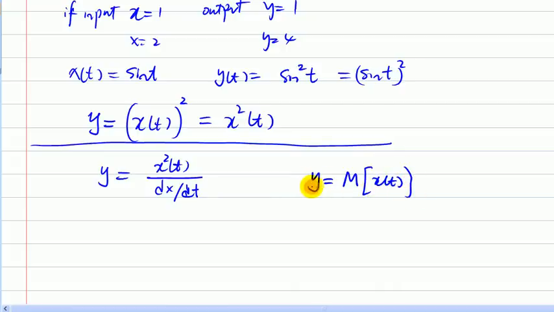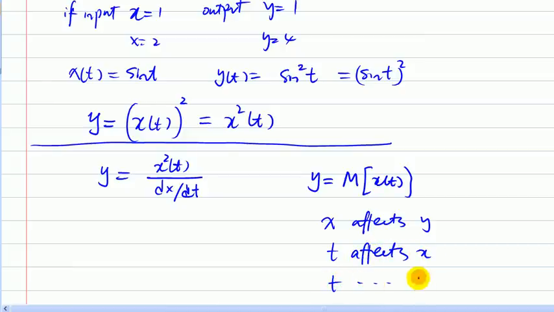So x affects y, and t affects x, so ultimately t will affect y.